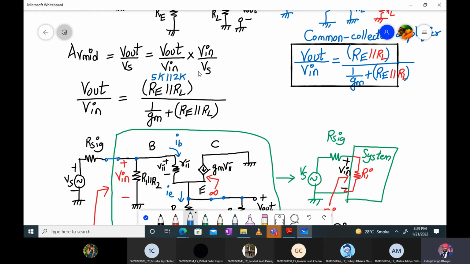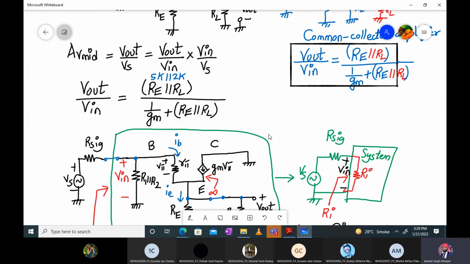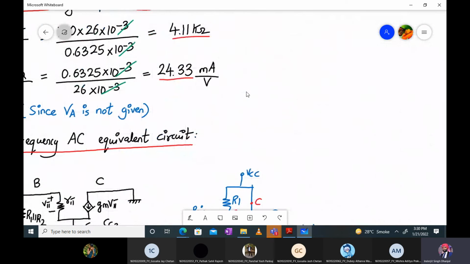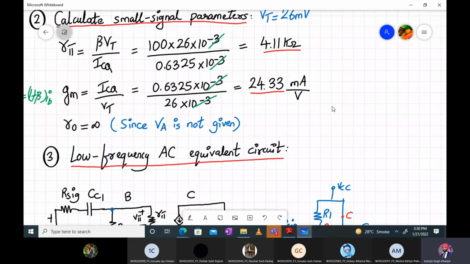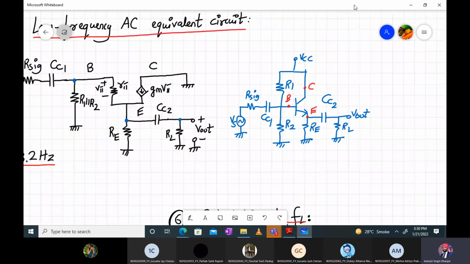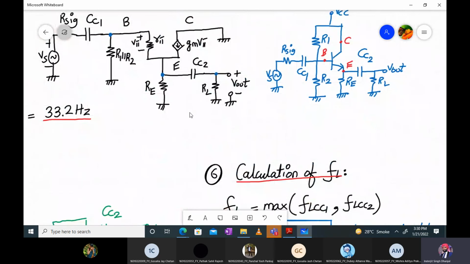And what did we get as the value of gm? gm we got the value as, let me check, 24 point something. Let us check. Ha, 24.33 milli. So gm value is 24.33 milli.